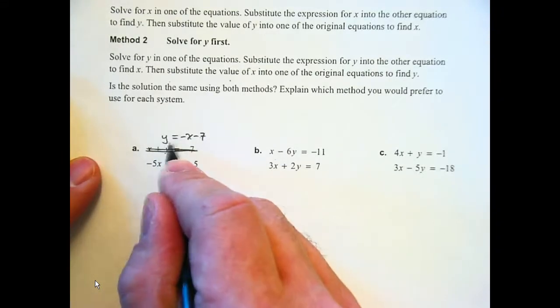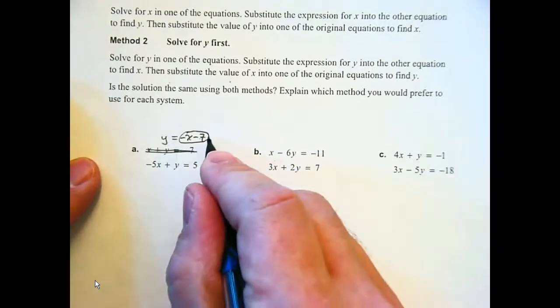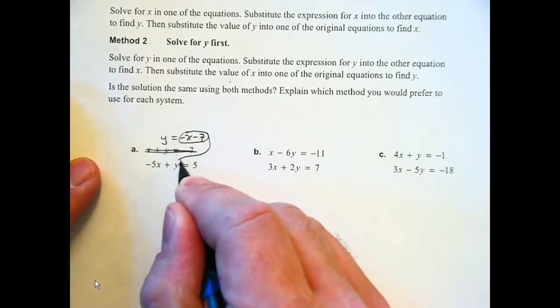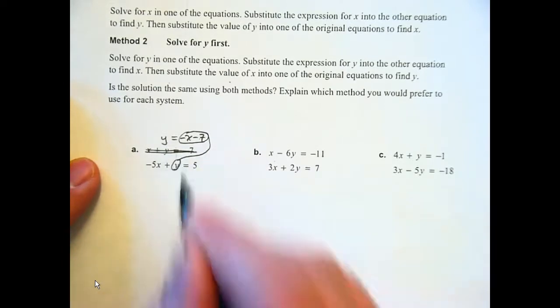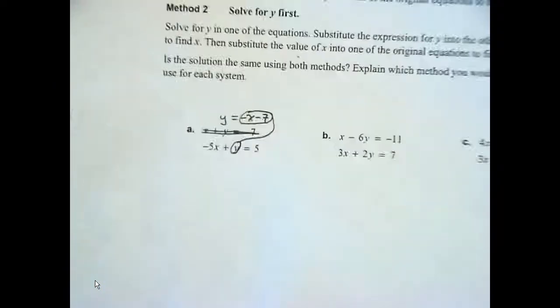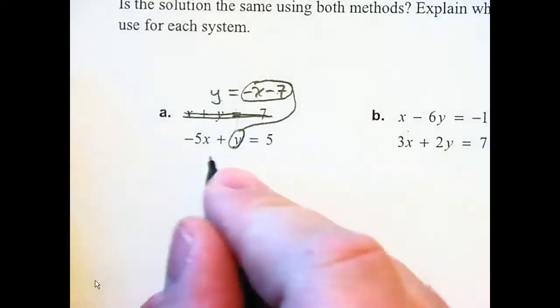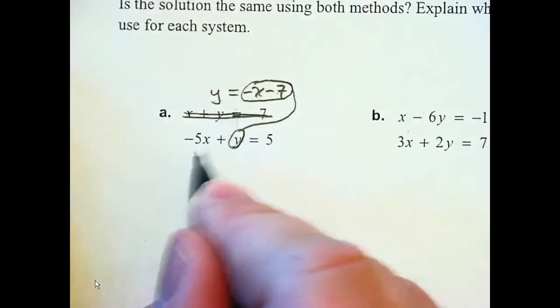I could take the thing that y equals and put it in the other equation where I see the value of y. And so the way I show that is I just circle both parts. That's using substitution.